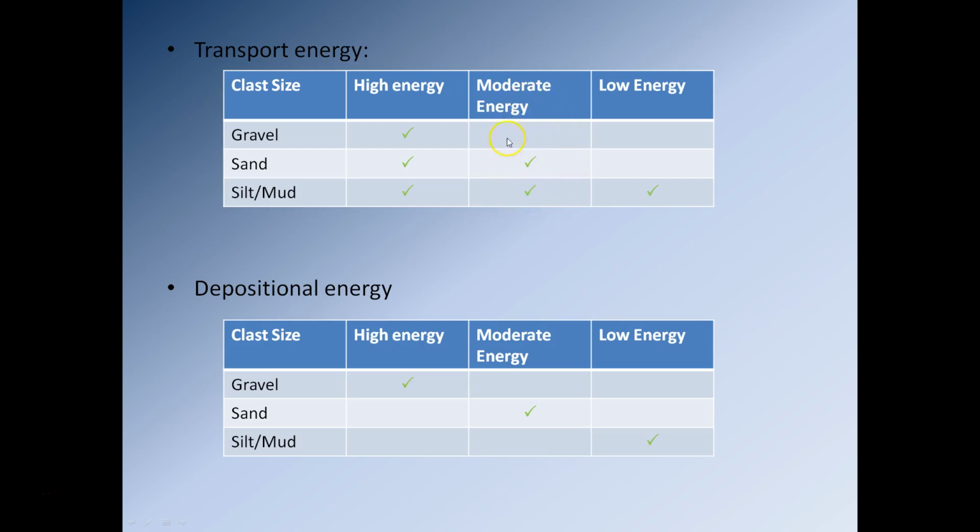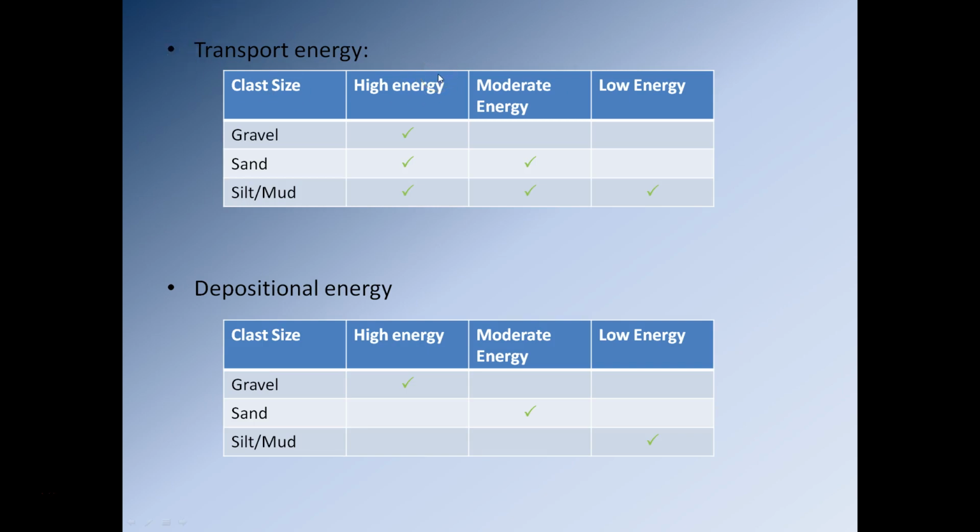Obviously they would not have enough energy to transport gravels. And in very low energy environments like a lake or a lagoon, the water would only have the energy to transport very fine particles like silt and mud. That water would be incapable of transporting sediment sizes like sands, gravels, cobbles and boulders.